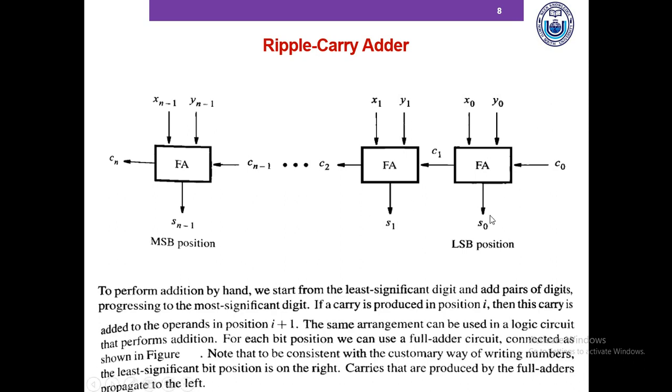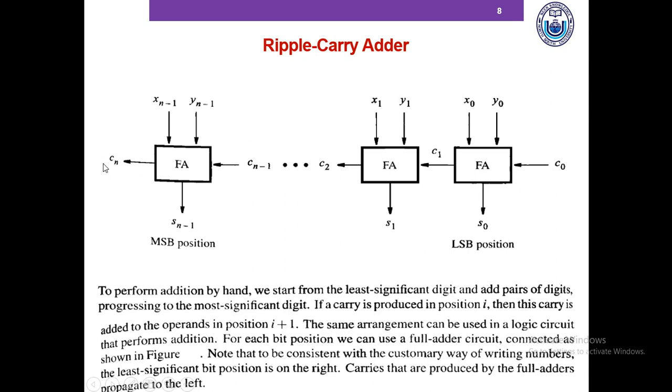This configuration is called the ripple carry adder because the carry jumps from one adder to the next. At first we set the initial carry C0 equal to 0, and then the carry jumps to the next adder, and then to the next adder, until it reaches the last adder.